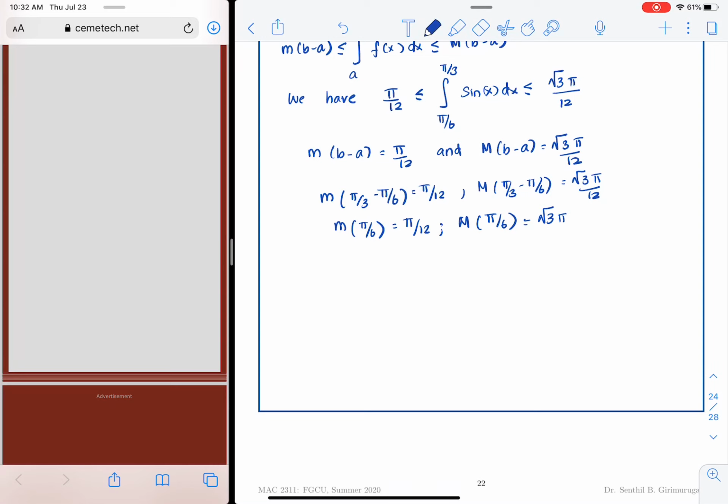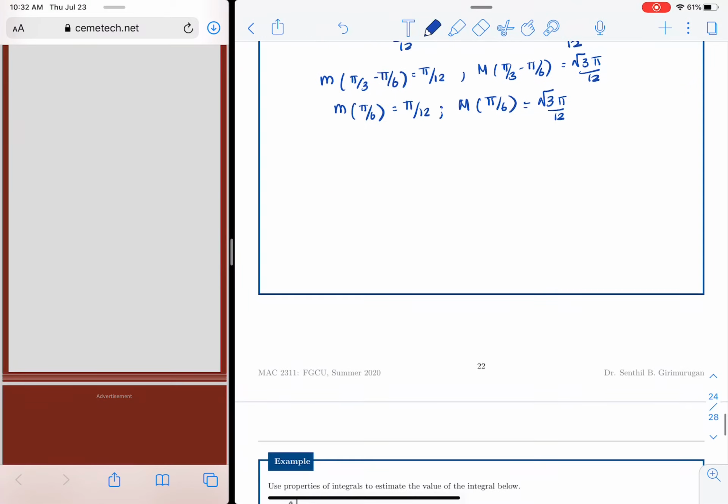Which would simply mean m is equal to 1 over 2, and uppercase M is square root of 3 over 2.